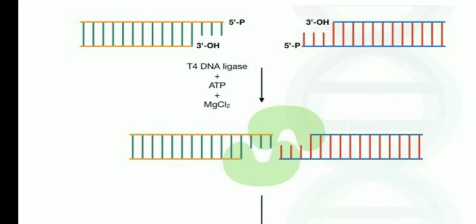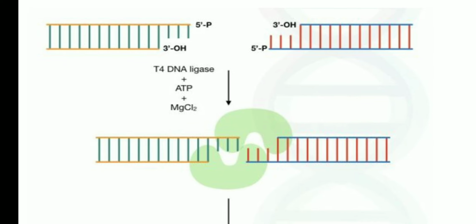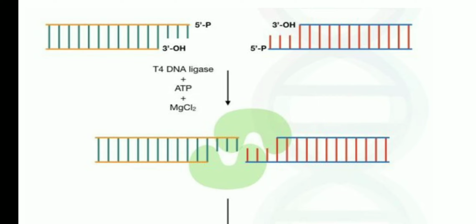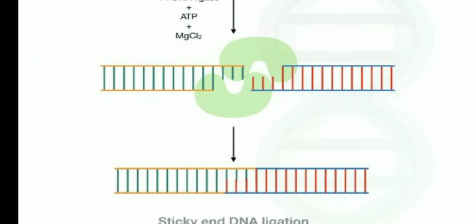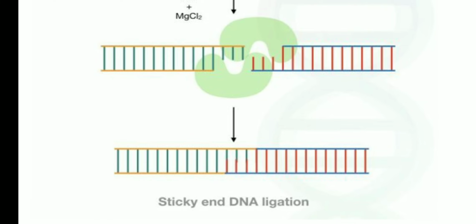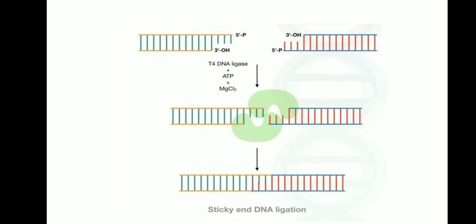Here, see, the restriction enzyme makes the sticky end cut, and then the DNA ligase joins both single stranded sticky ends, and here sticky end ligation occurred by the help of DNA ligase.